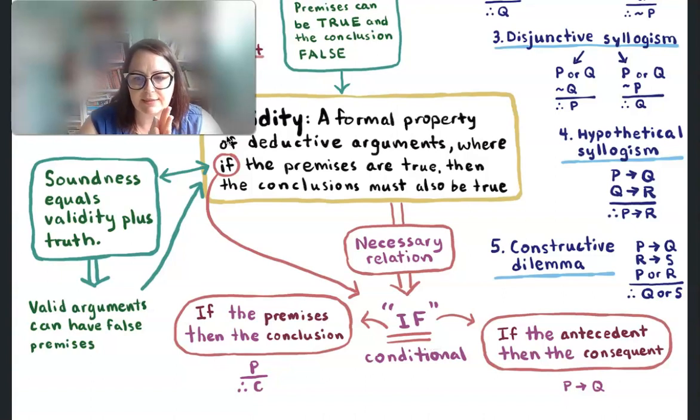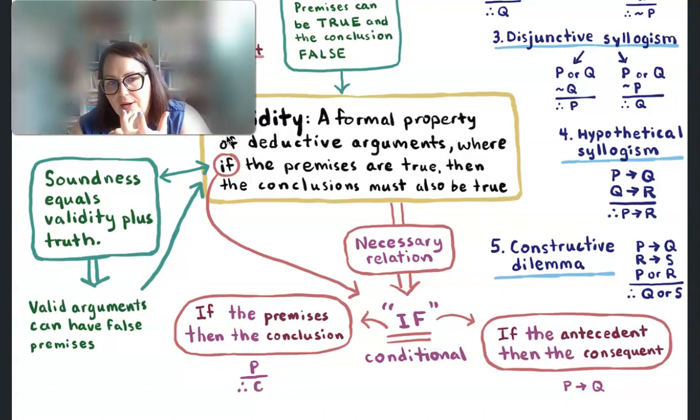If the antecedent, then necessarily the consequent, right? If P then Q, or if the premises, then the conclusion. So it's not that the if is necessary, it's that when the if is triggered, what comes after it is necessary. And so we have to watch for that.